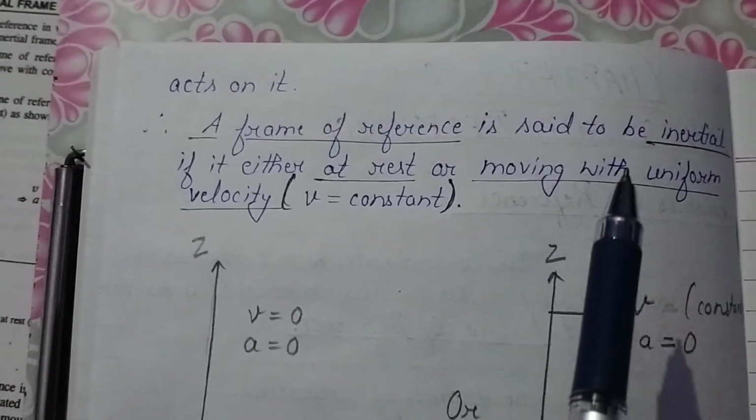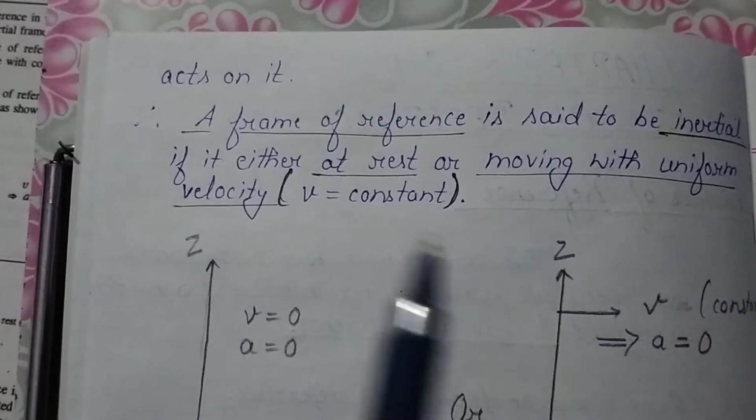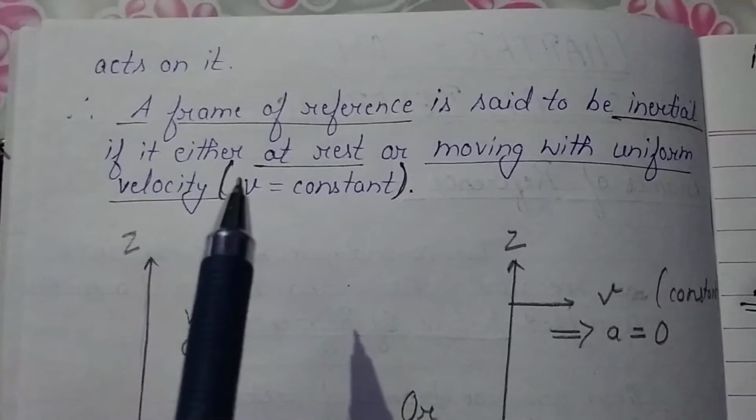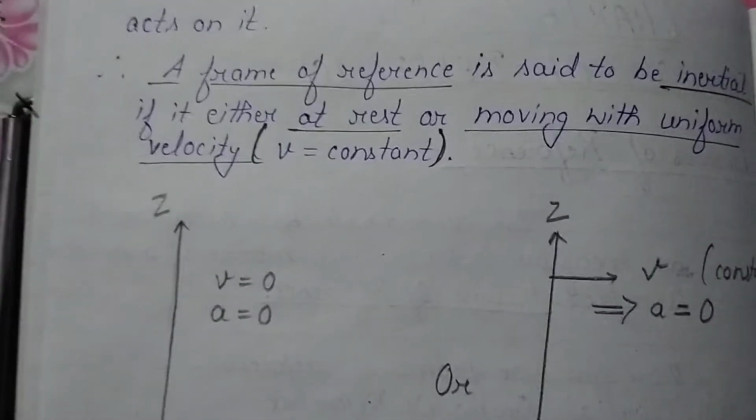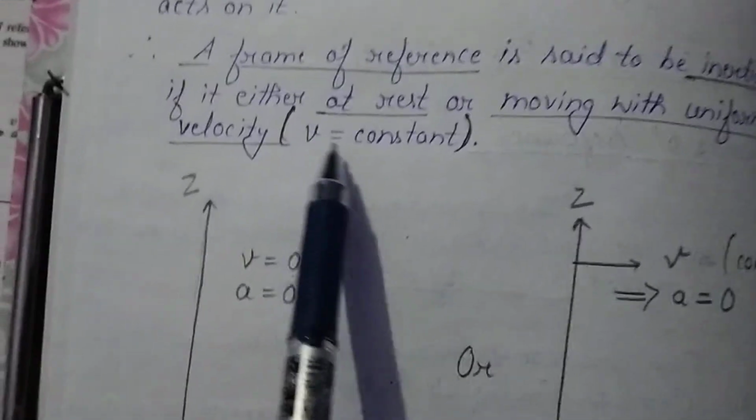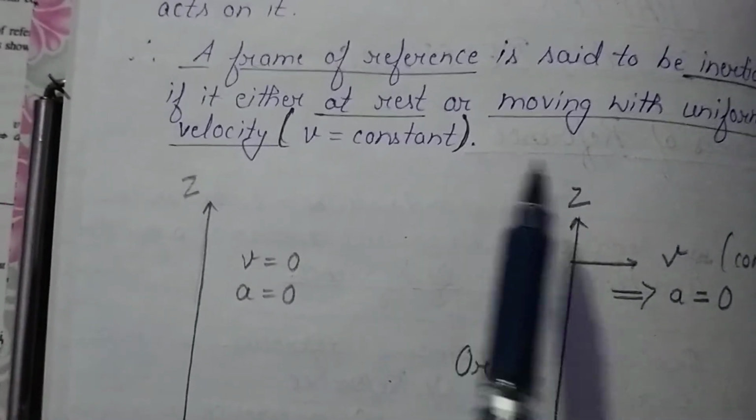A frame of reference is said to be inertial if it is either at rest or moving with uniform velocity. That means v is equal to constant or v is equal to 0.